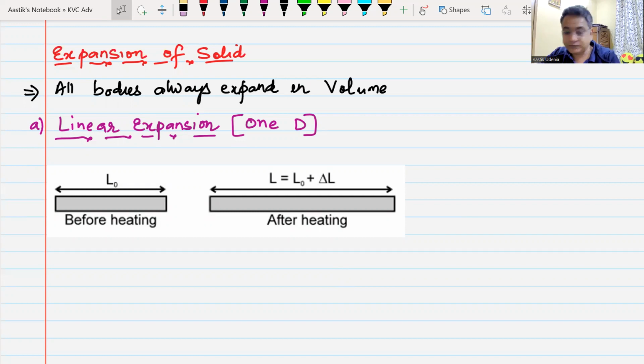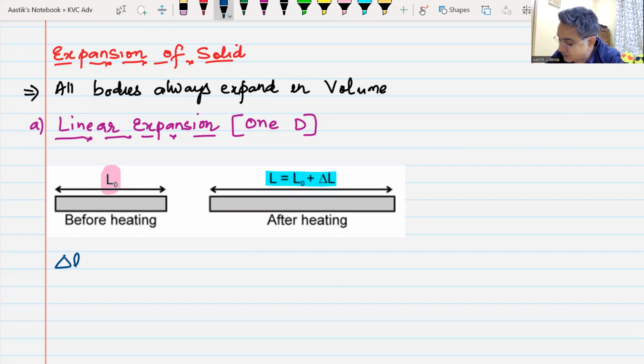So this is the original length L0, and when you increase the temperature, the length becomes L0 plus delta L. This delta L is the change in length. Do we understand this? Yes, sir.